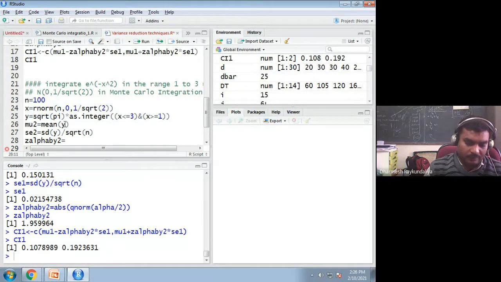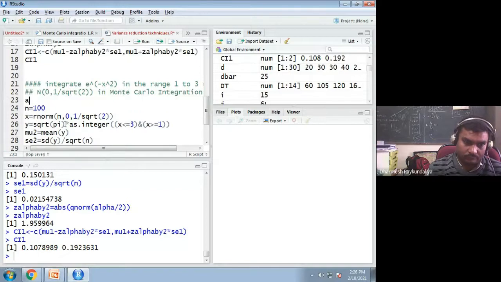What is z alpha by 2? It is the absolute value of qnorm of alpha by 2. Here I am giving alpha as 0.05.